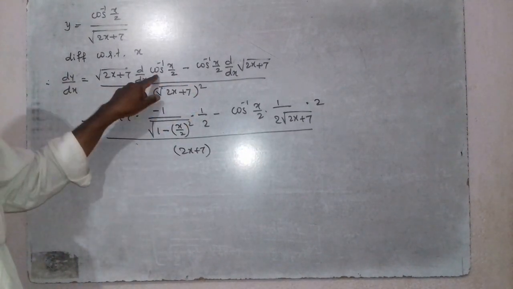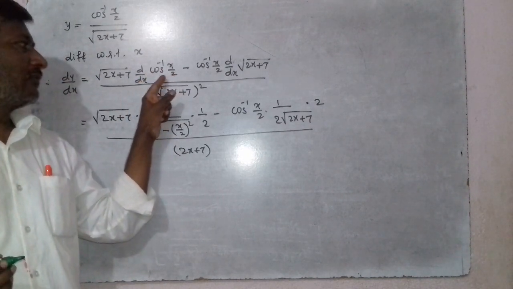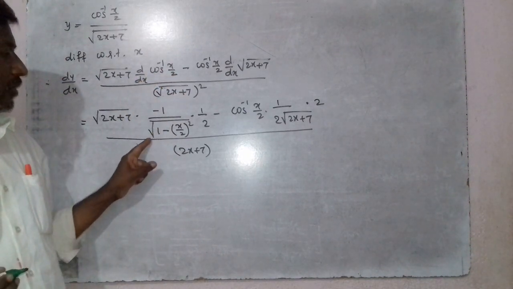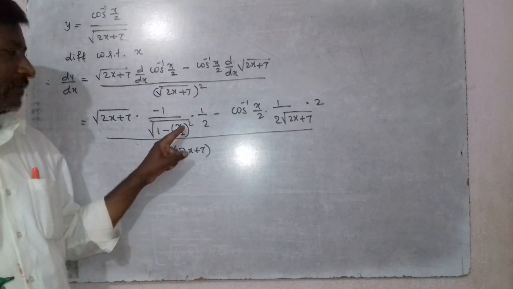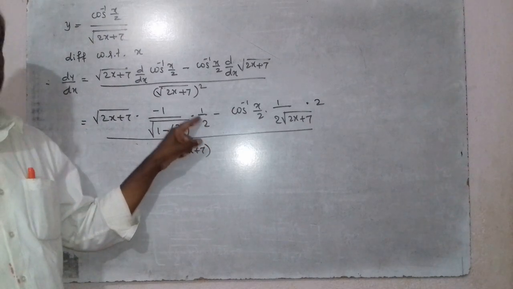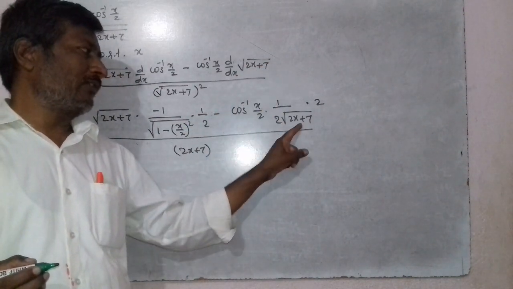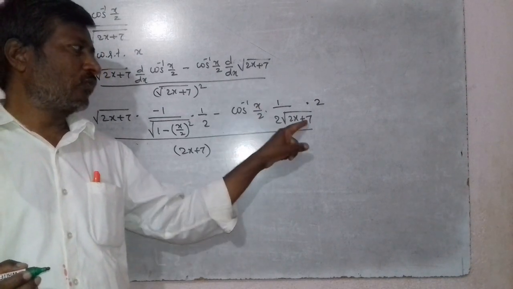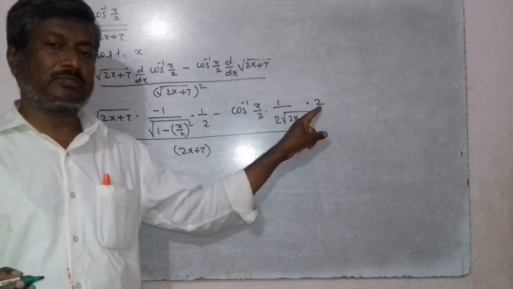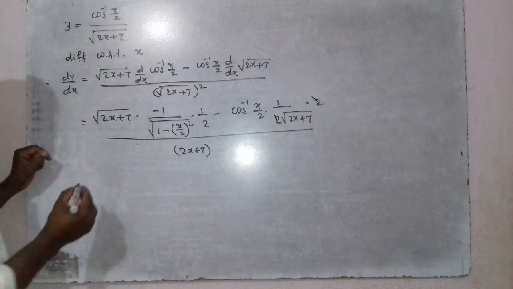So cos inverse of f(x) has derivative minus 1 upon root of 1 minus f(x) square, and the derivative of f(x) here is 1 by 2. The derivative of root f(x) is 1 upon 2 root f(x) times the derivative of f(x), which is 2. Here the 2 gets cancelled.